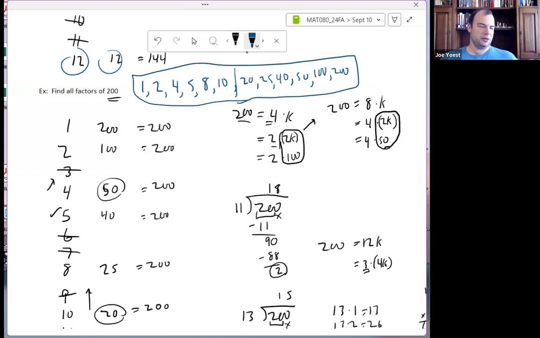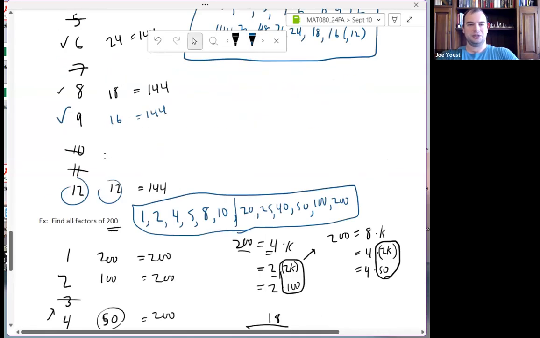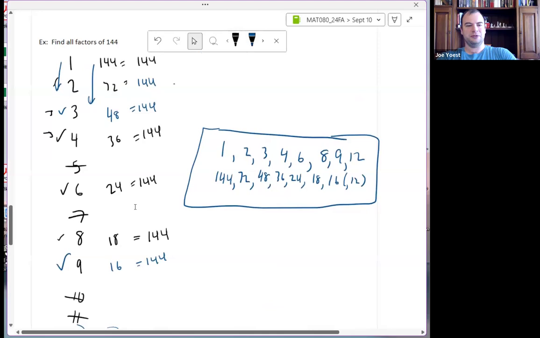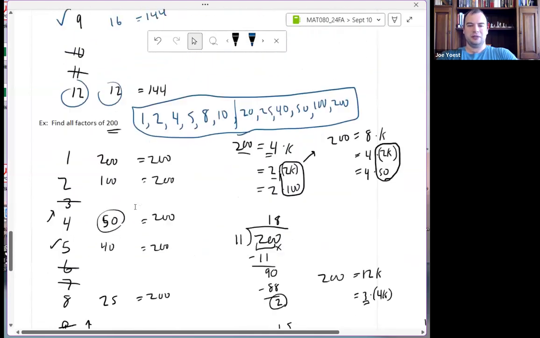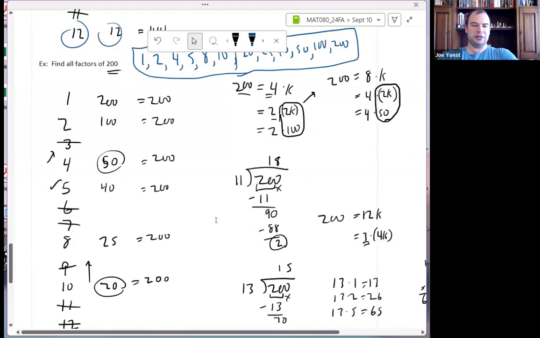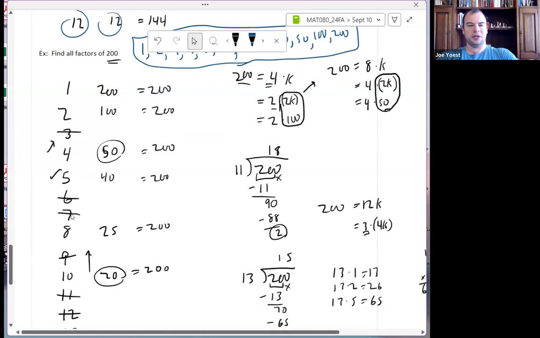So this was another one like 144 with a lot of factors. A little bit of a bigger number. There weren't as many successful factors as 144, so we had to do a little more long division and a little less of the kind of relying on previous work.